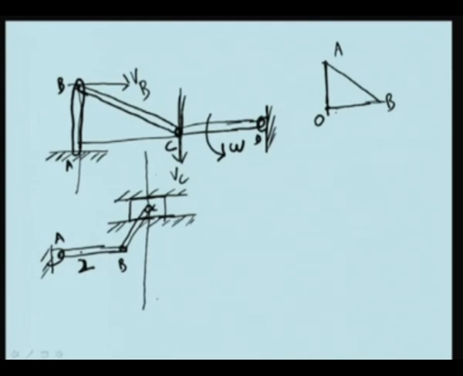Now, instantaneous center of rotation of BC at the instant the velocity of AB is in the vertical, B point is in the vertical direction. Therefore, we know that the velocity of point B, perpendicular to that, can be drawn.